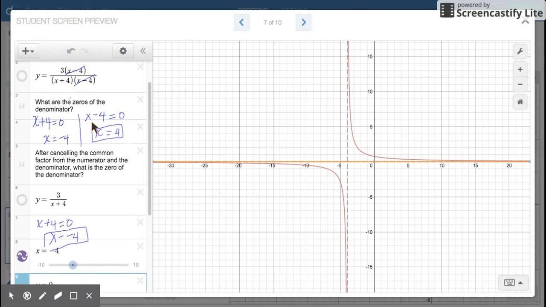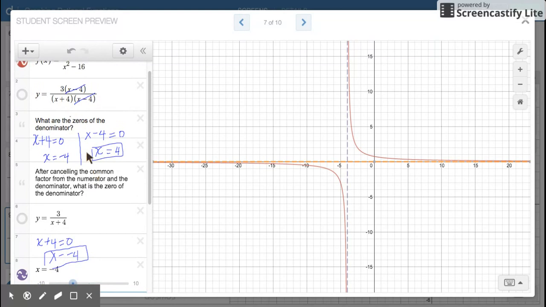Now, what is the other 0 of the original denominator? That's x equals 4. So let's take a look at what is at x equals 4, which is right here.